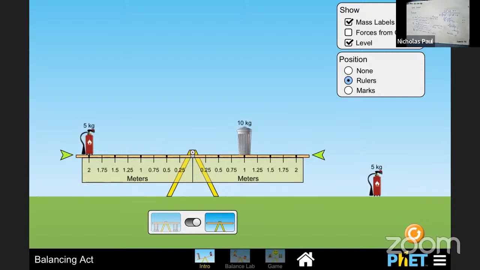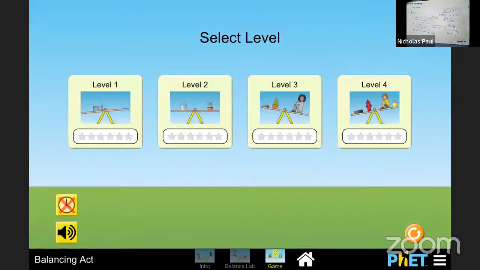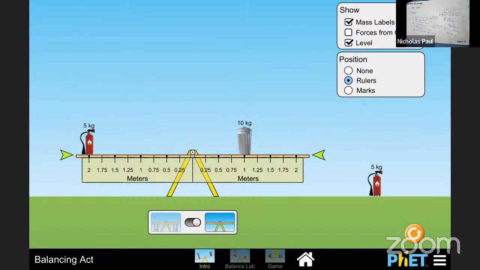So for this example here, just do this quickly in a book for me, please. Draw a plank, pivot, draw a box here. The force is 50 newtons and the distance is 2 meters. Then draw the next box.